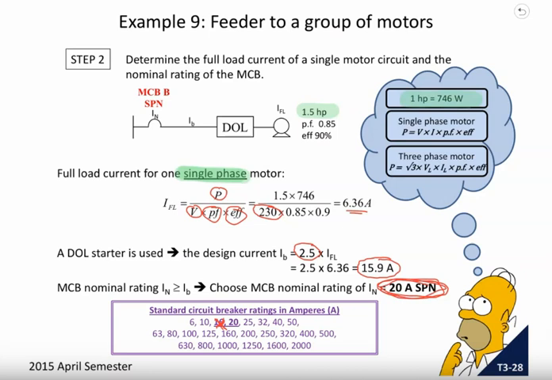So now that we get this, why do we need to get this? Because remember in our IB prime, we actually need the circuit breaker size of the largest motor. Since they are all identical, we need to at least find the circuit breaker for one of them.